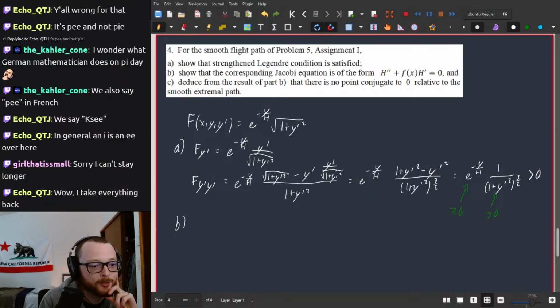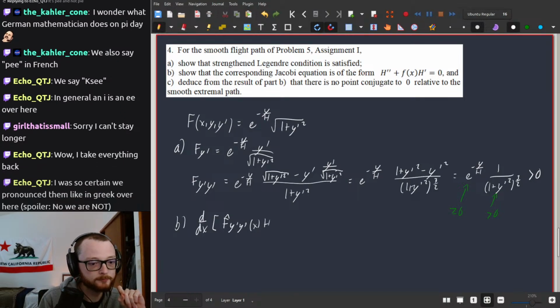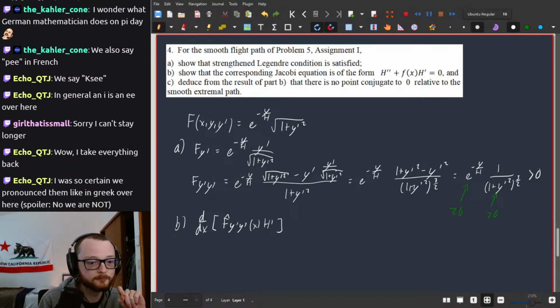So the Jacobi equation in general looks like this, where q is some function that I don't feel like writing out right now.